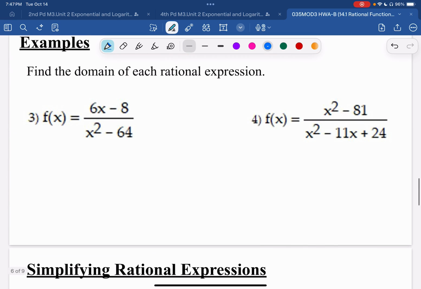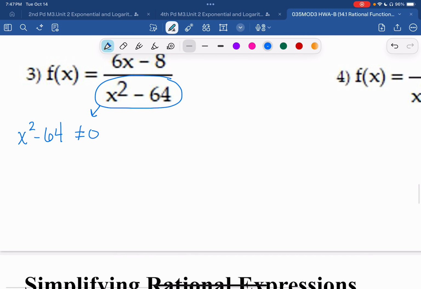All right, let's look at a couple more examples. So again, we're going to start out looking at our domain. And I'm going to take that domain and I'm going to say x squared minus 64 cannot be 0. And now I need to solve that. So this is a difference of squares. So I can factor that into x plus 8 and x minus 8. Well, the only way this could be 0 is if one of these is 0.